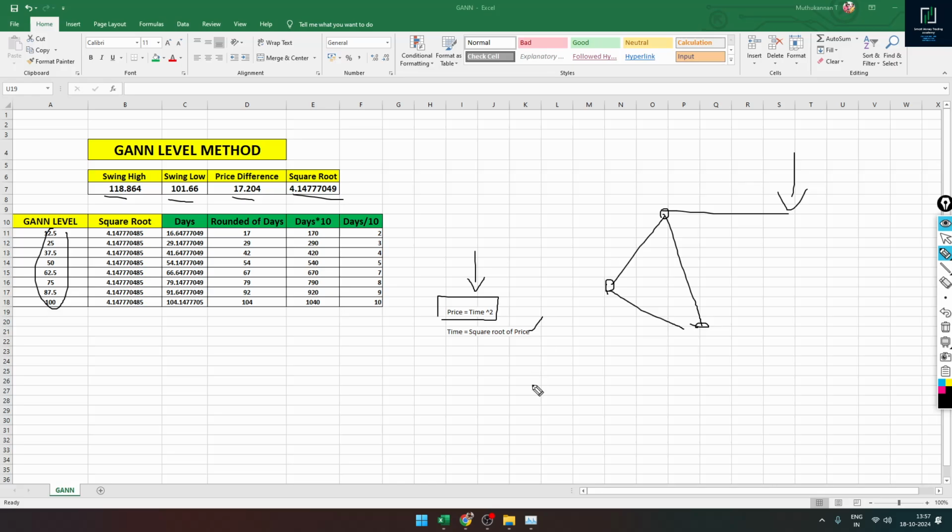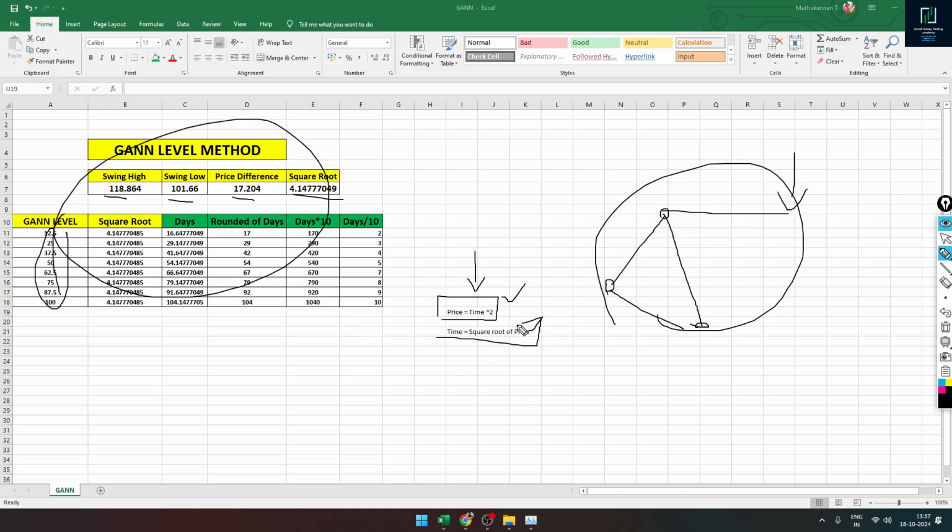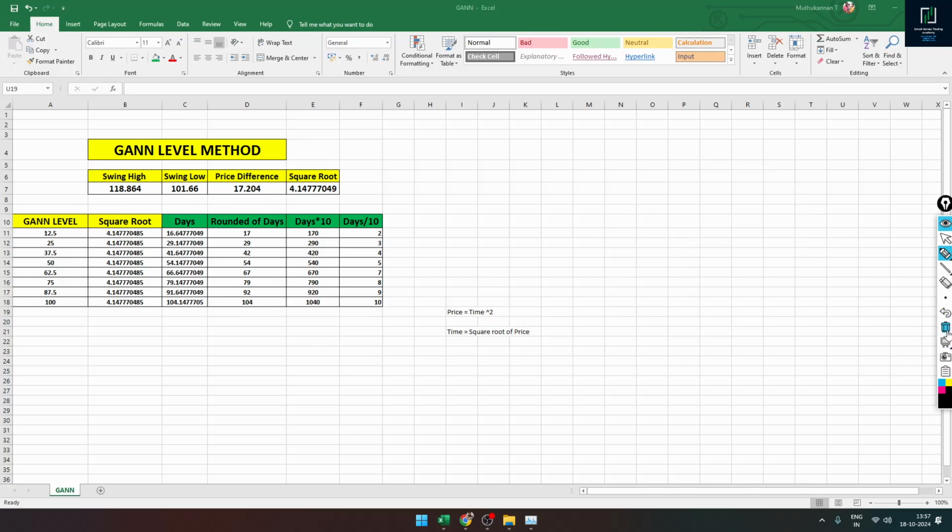So that is based on the price equal to time square formula, but this calculation is based on the time equal to square root of price formula. Both are the same but from a different perspective. I will explain that at another time.